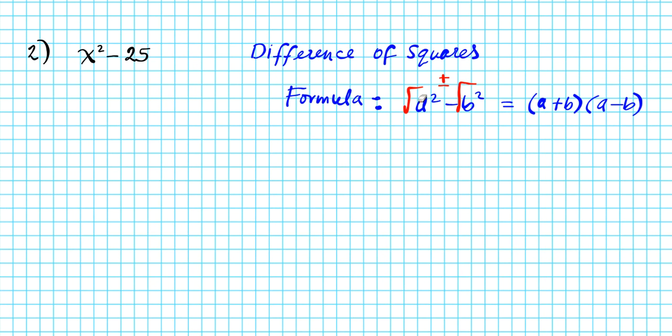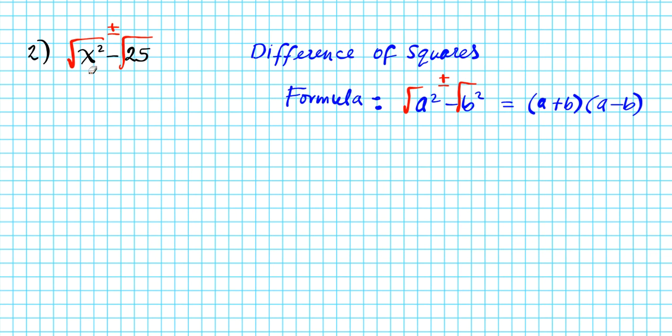So now we're going to apply this formula in the factorization of this difference of squares. To do that, we are going to root the first and the last term. Remember, they're both squares, so taking their square roots should not be a problem. And then we're going to write the sum and the difference of these two and express them as a product of each other.